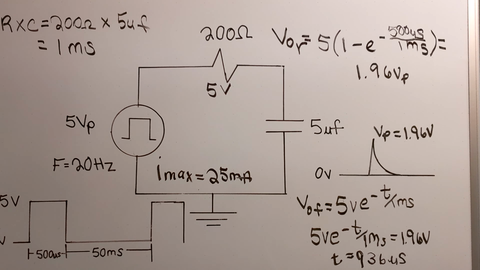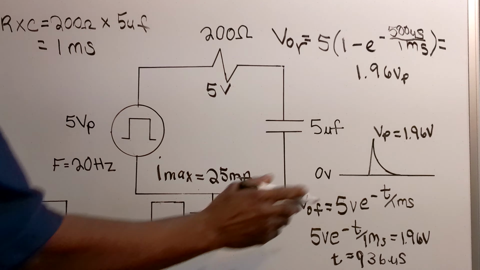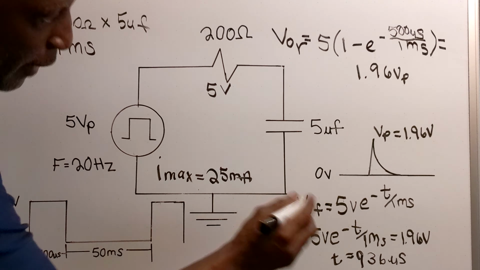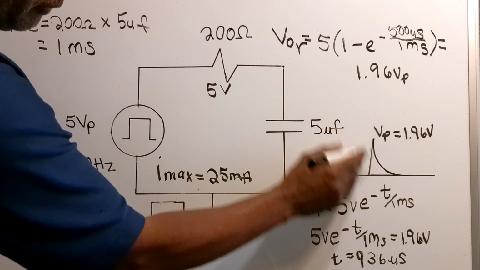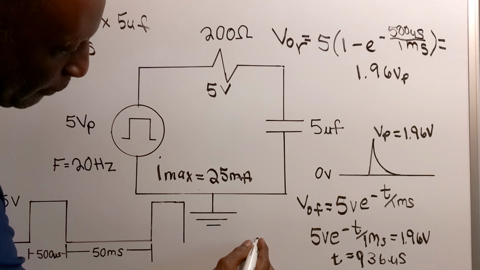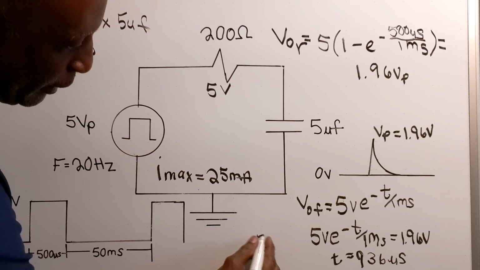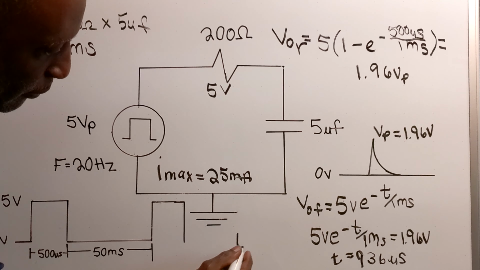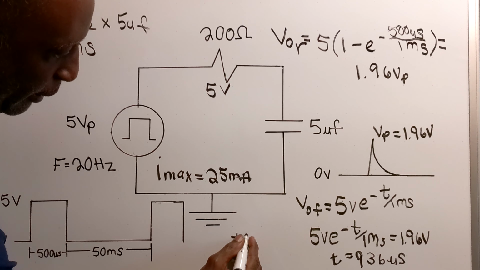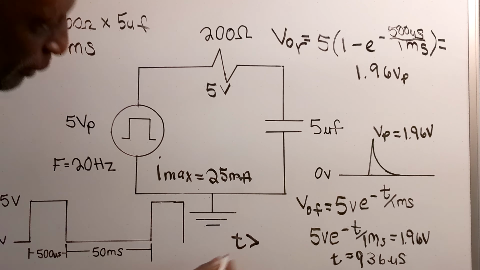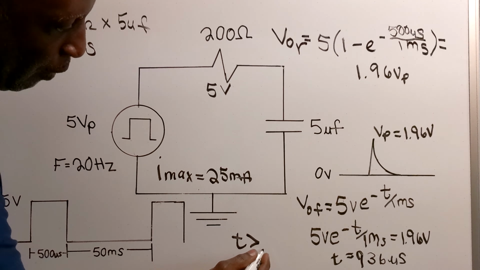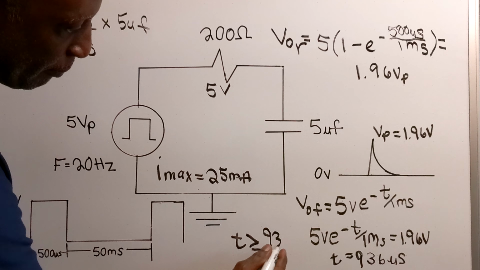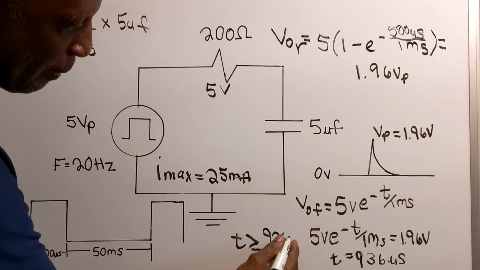Okay, now, so what does that mean? That means that when I'm finding my falling voltages, T is greater than or equal to 936 microseconds.